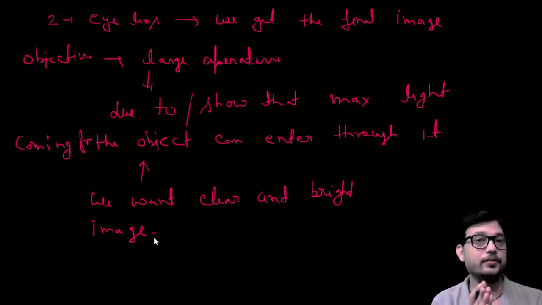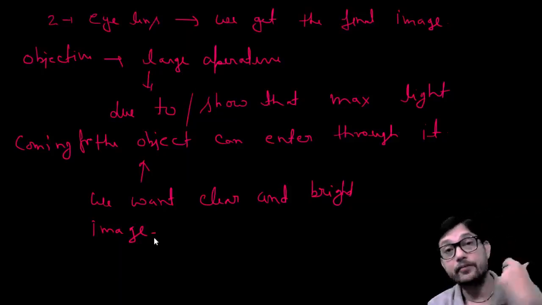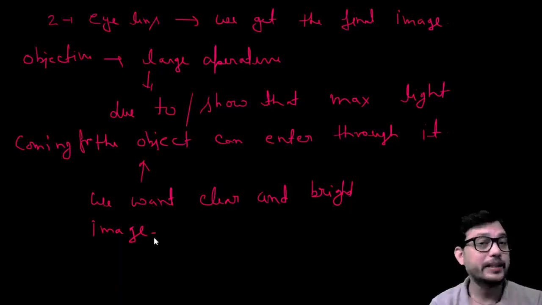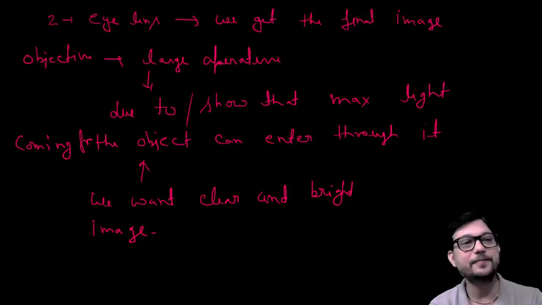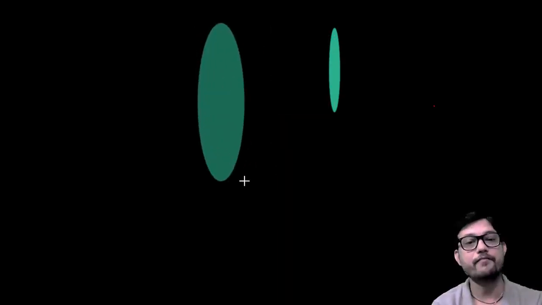I want to show you the basic sense of a large aperture. Let's see. If we draw a diagram this way, one lens is like this, the other lens is like this, and another lens is like this.